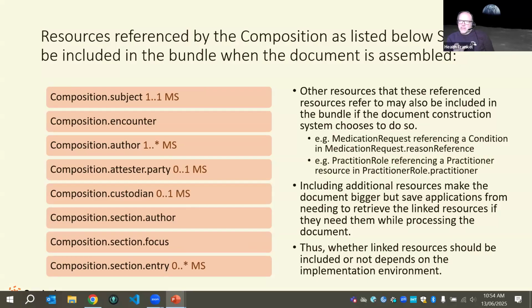All right. So any directly referenced resource from the composition, but then a resource that's referenced from an entry doesn't have to be. I guess I'm wondering about the meaning of referenced, because reference has reference.reference, which is obviously in scope.